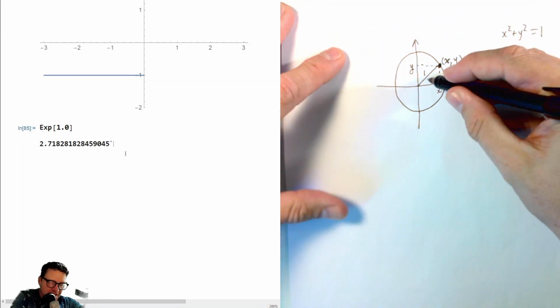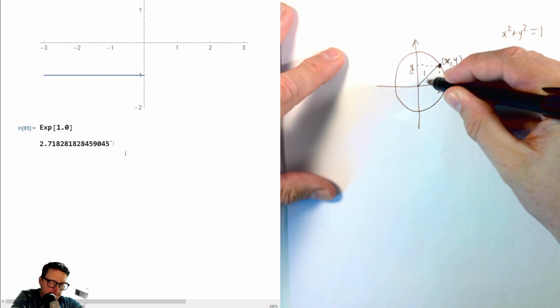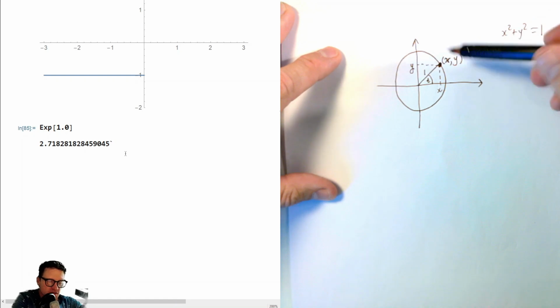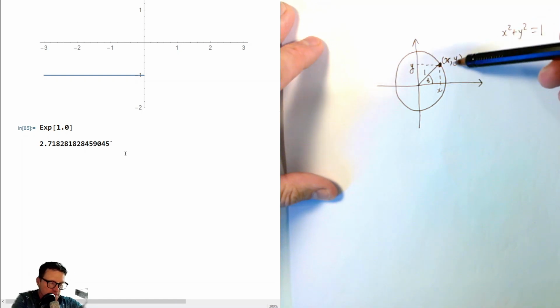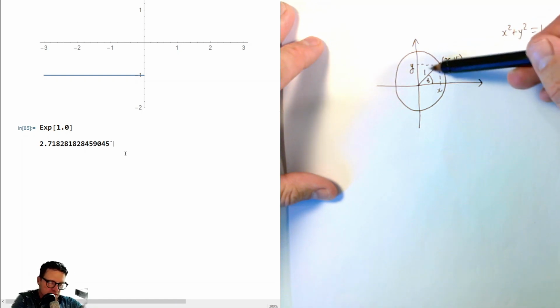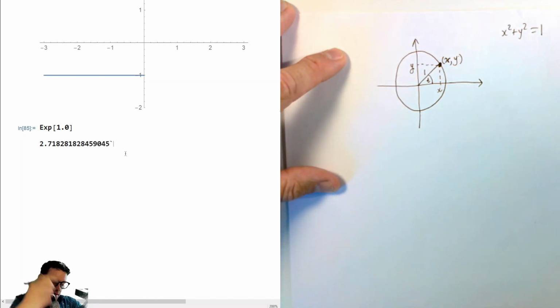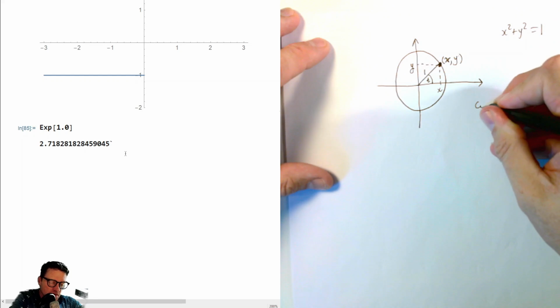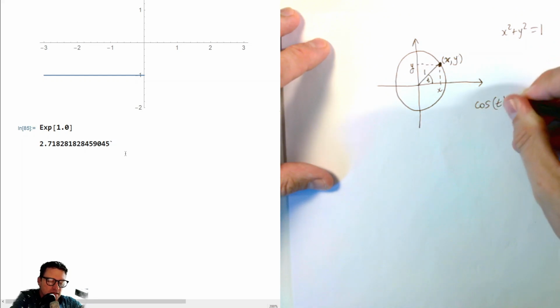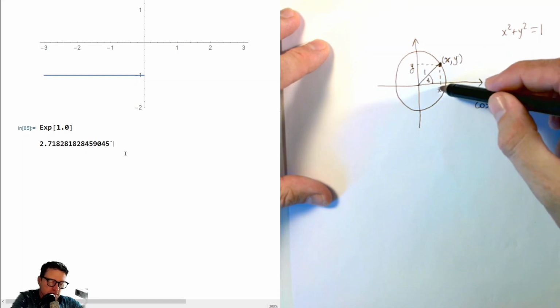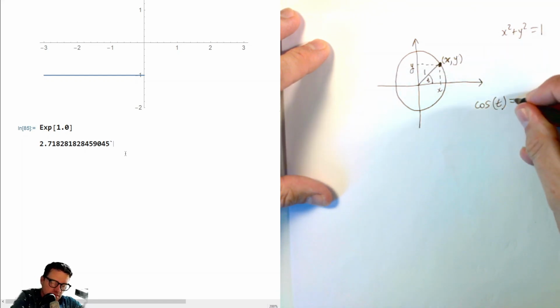All right, so let's put an angle t in here, the angle across here. So can we represent x and y in terms of cos and sine of that angle t? Well, yes, we can. So let's have a look at cos of t. Cos of t is adjacent on hypotenuse, right?